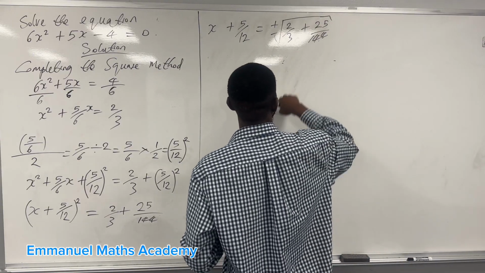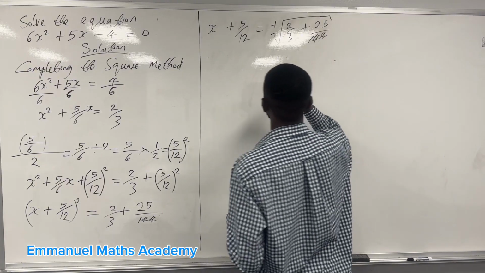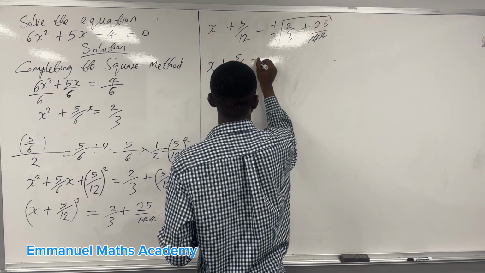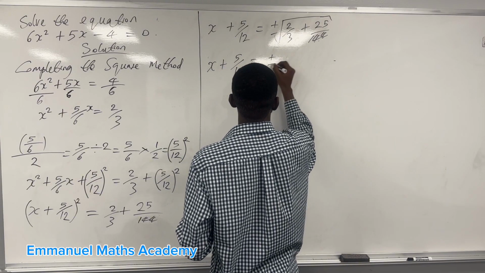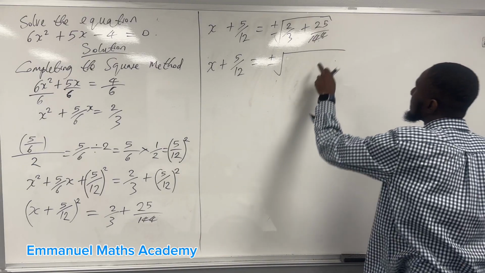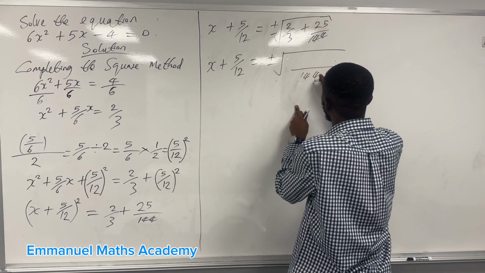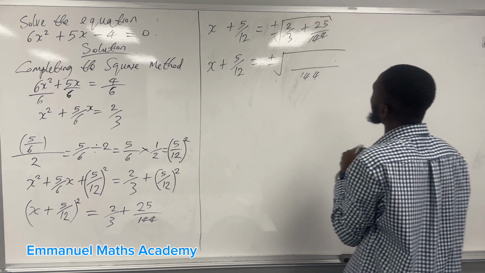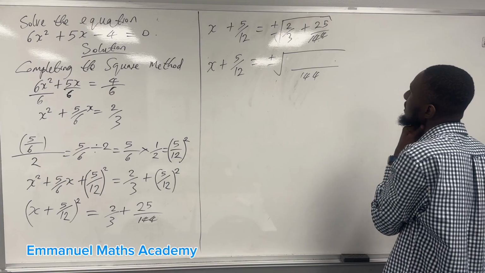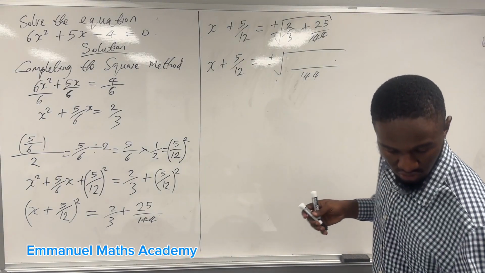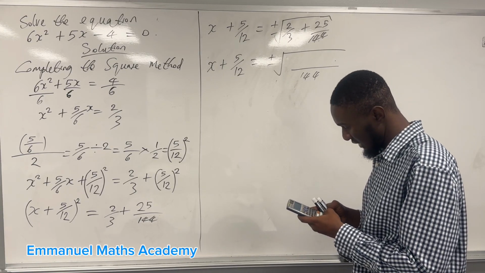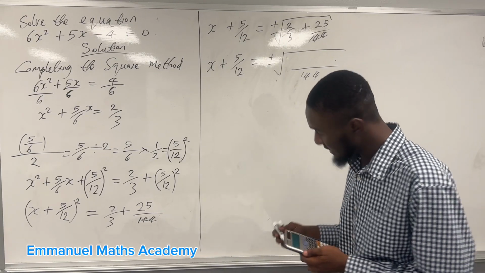Right? So you need to solve what we have inside this square root. Hence, you have x plus 5 over 12 equal to plus or minus. From this, what is the LCM of 3 and 144? 144. So 144 divided by 3 will give you 48, right?